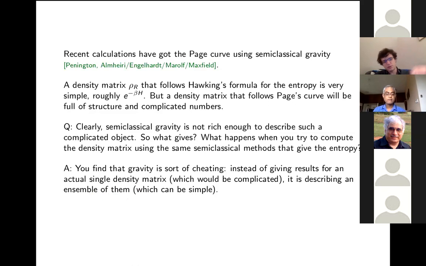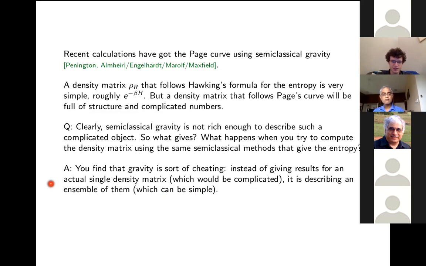That vector is described by a long list of numbers, so it's a complicated object. But you could easily describe a probability distribution on vectors in a high dimensional space in a very simple way. And gravity seems to be using that here. It's describing an ensemble, like a probability distribution on density matrices, which can be simple, even though individual draws from that ensemble are complicated.